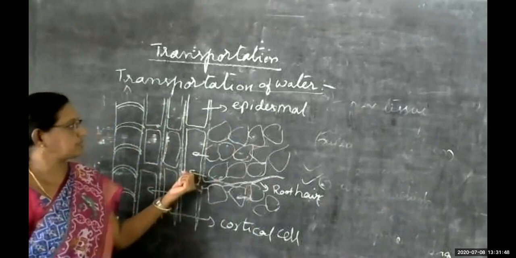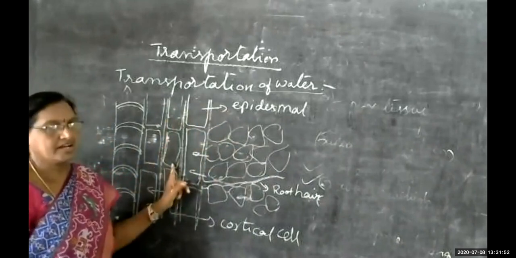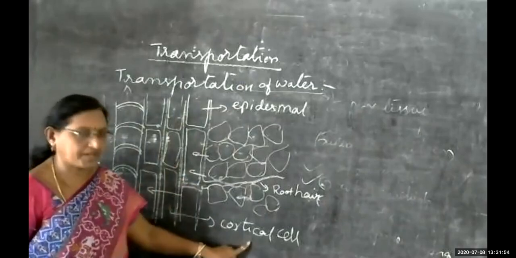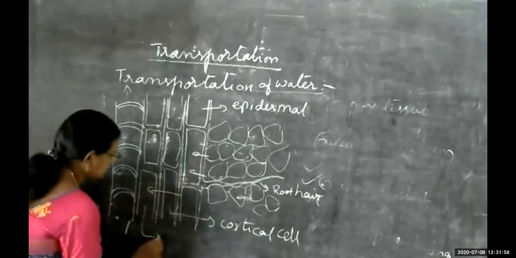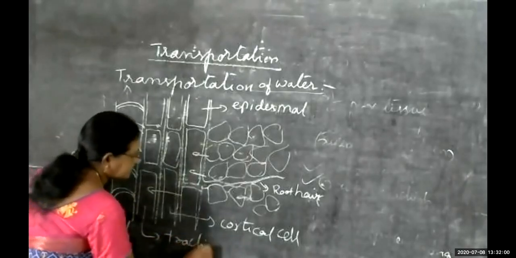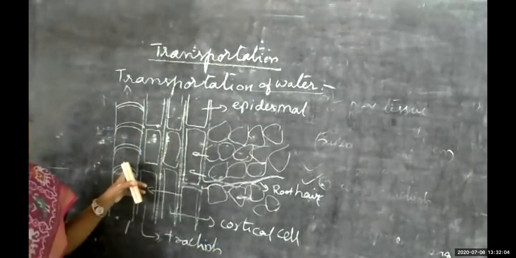From there, it reaches the epidermal cells, and from the epidermal cells, the water enters into the next layer that is surrounded by cortical cells. From the cortical cells, the water reaches the tracheids, and then from the tracheids, the water is pushed into the xylem vessels.